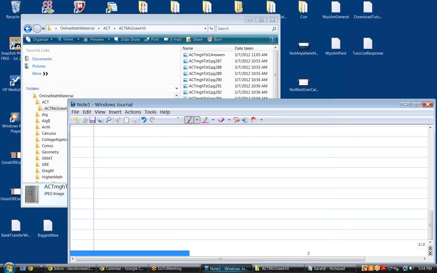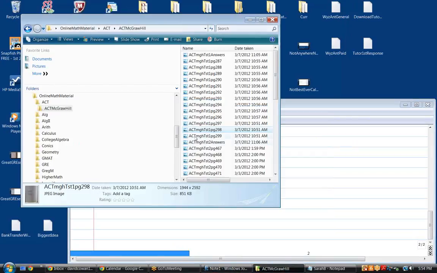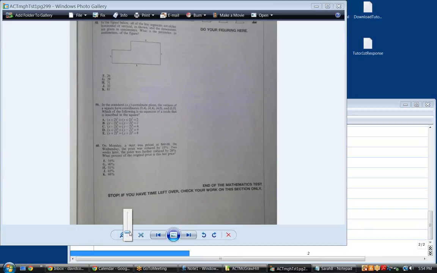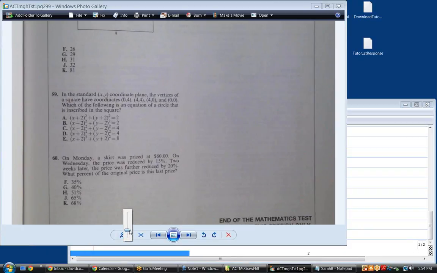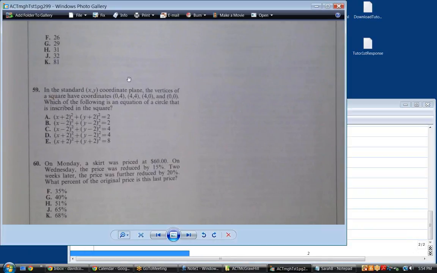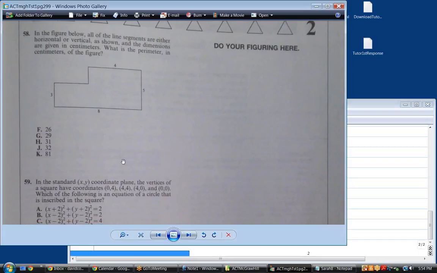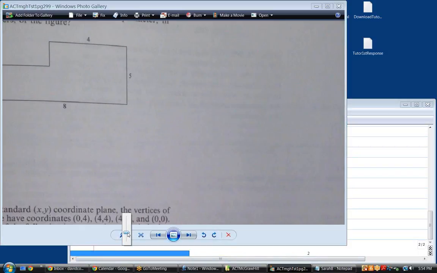Next page. I don't know if we've done a problem like 58 or not, but there's almost certainly going to be one like it on your test. Now, they want the perimeter of this figure.